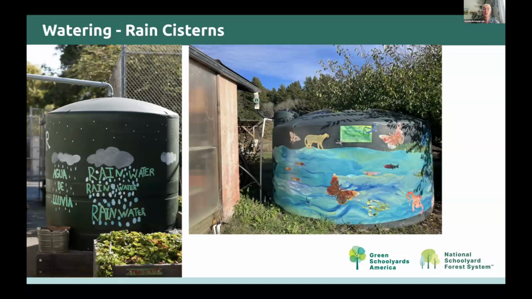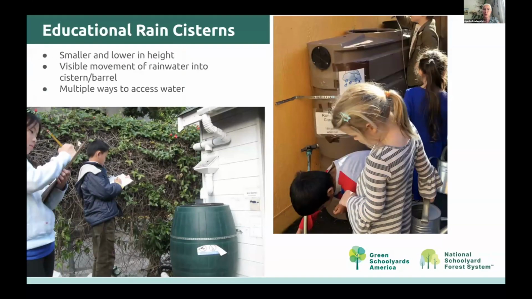The design can also include rainwater catchment systems right from the beginning, working off nearby roofs. These can be connected via piping to the green areas. Along with rainwater cisterns, I want to point out the benefits of also having smaller, what I call educational rain cisterns.